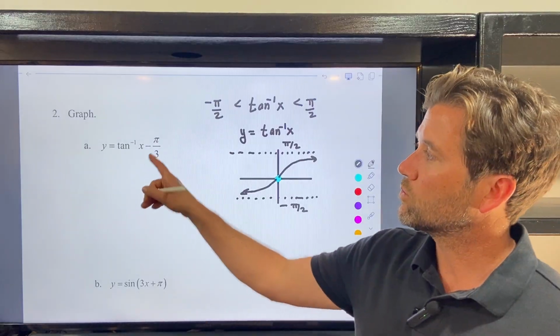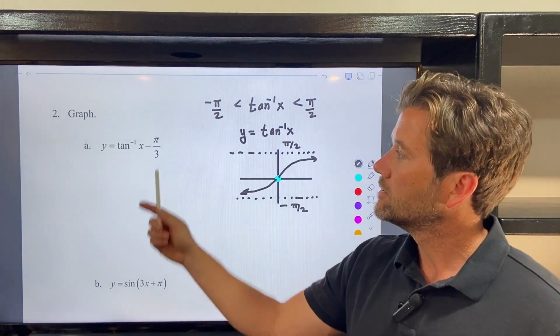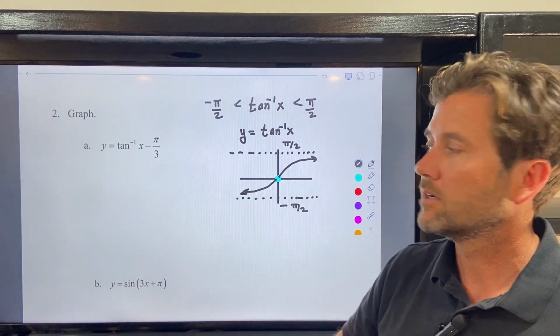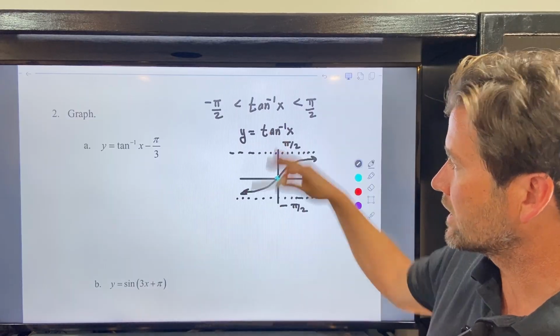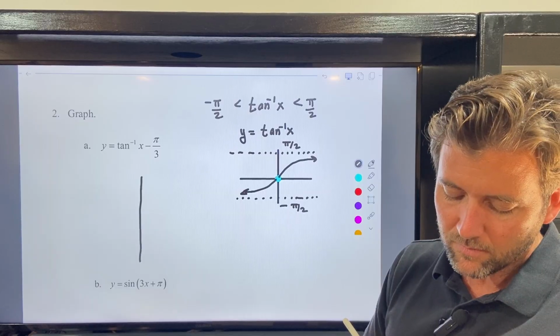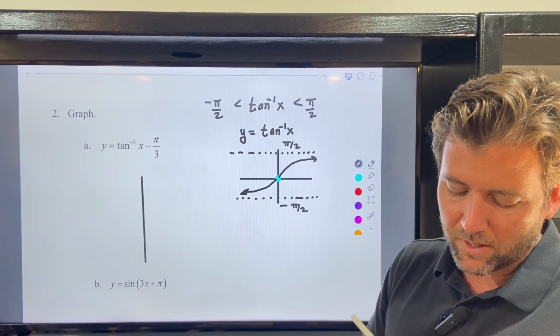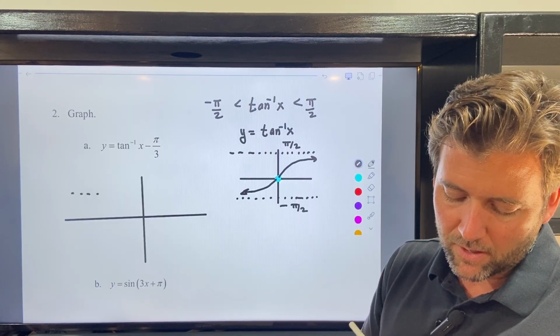Now, this is one shift. We're shifting this parent function down pi over 3. So this horizontal asymptote, the whole graph is going down. This horizontal asymptote is going to go down pi over 3. So if you need to do the math, you do pi over 2 minus pi over 3, you will get pi over 6.